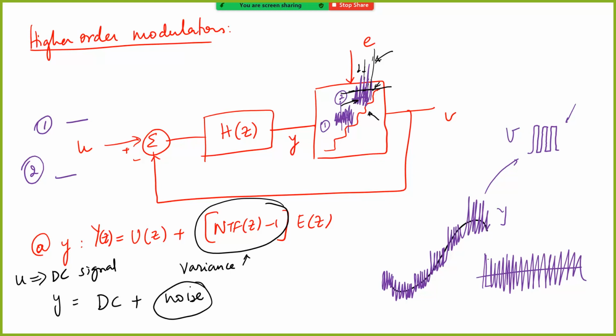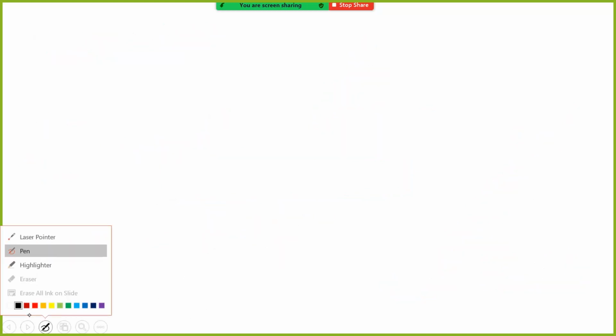All right, so let us look at it more mathematically. Let's say that at the input of the quantizer, y is k1 times the input u, plus k2 times (NTF minus 1) times the noise. K1 and K2 you can take to be fitting parameters.